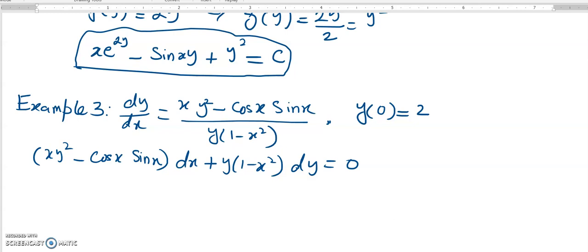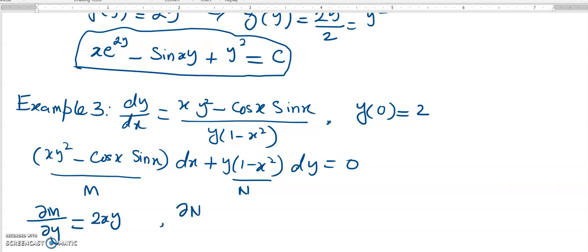So let's check whether it is an exact equation or not. So this is M, this is N. So partial M over partial y, which will be, we are differentiating x y square with respect to y, so it will be 2xy, and then sine x cosine x will be all 0 because we are differentiating with respect to y.